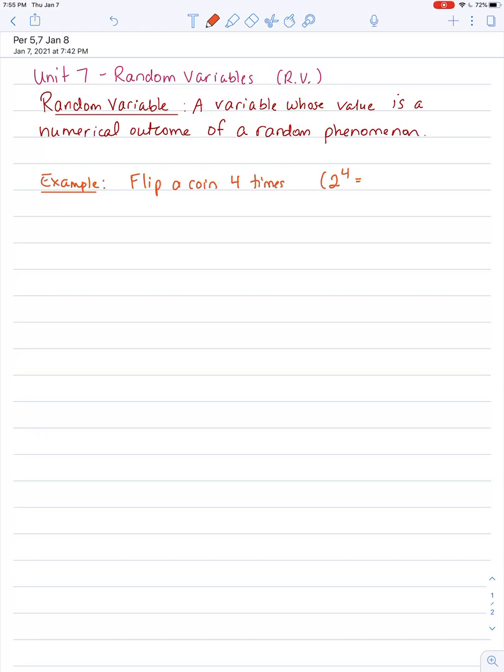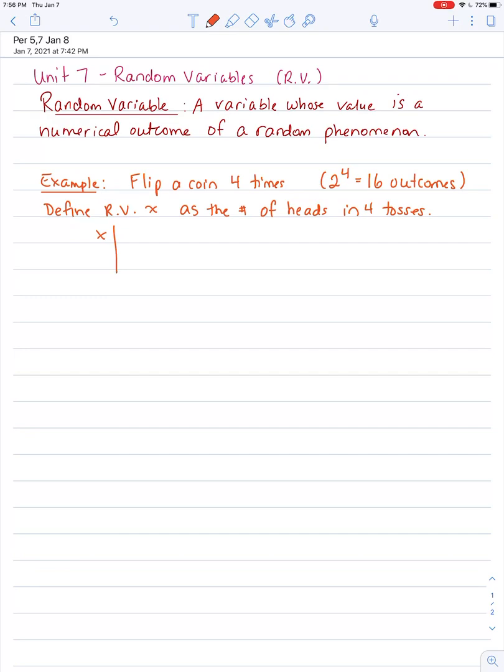So you'd multiply 2 times 2 times 2 times 2, which means there would be 16 outcomes of the 4 flips. So we're going to define random variable X, RV X, as the number of heads in 4 tosses. Okay, so there's 16 different outcomes, and we have to figure out what's the probability of each one.